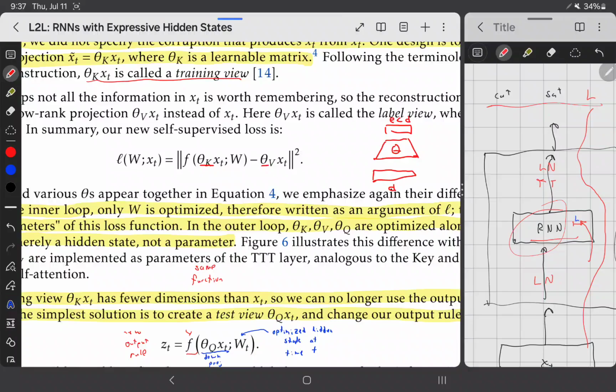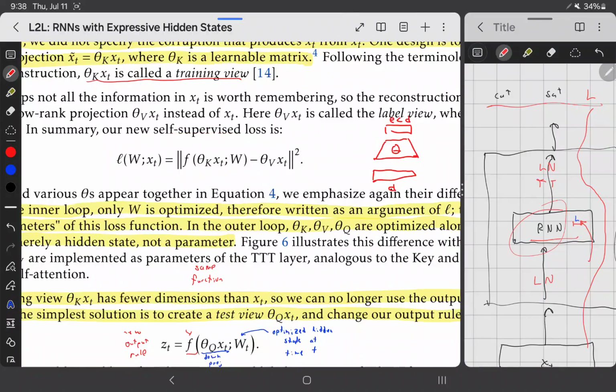I just care that it gives me a good representation that I can then use for my negative log likelihood prediction. So these here are going to be optimized only for the negative log likelihood task, not for the reconstruction task.